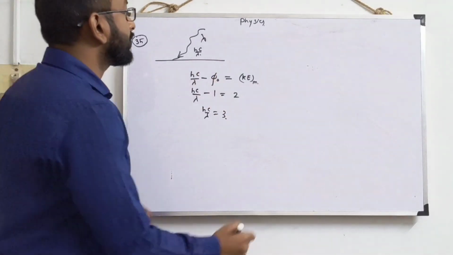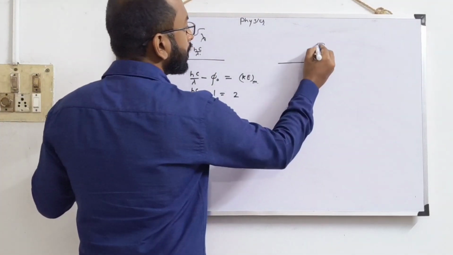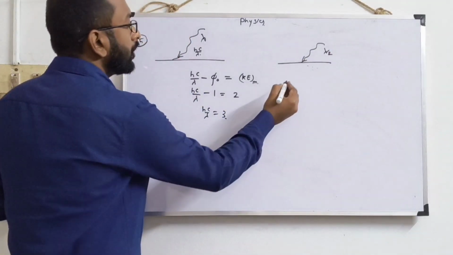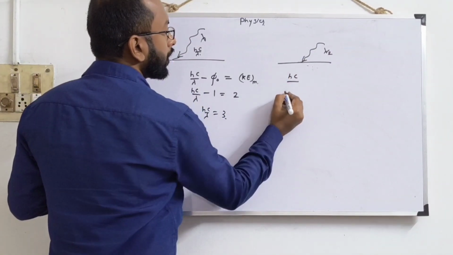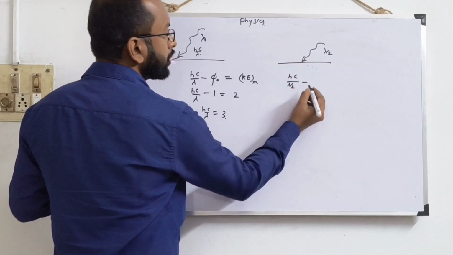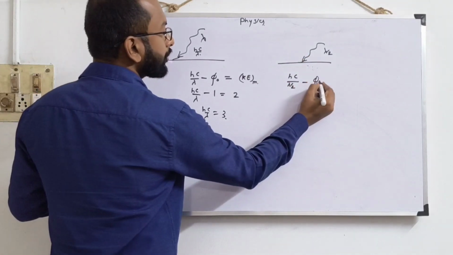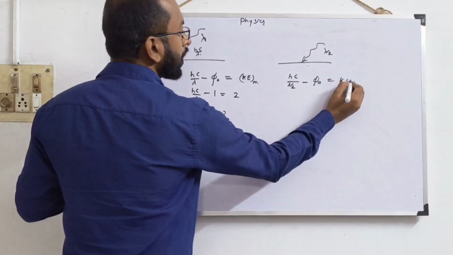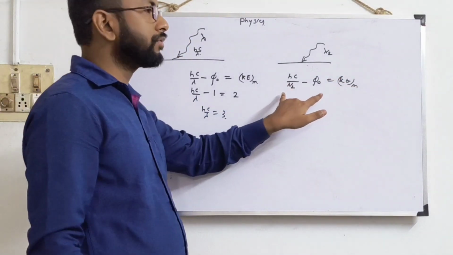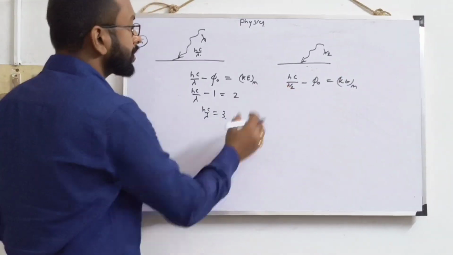Right, now the same surface is getting illuminated by lambda by 2 wavelength. So the energy that is falling on the surface is 2 hc by lambda. Excess energy, that is minus phi naught, is going to be the kinetic energy max for the electrons. So that is the maximum energy that is available to the electrons to get out from the surface.